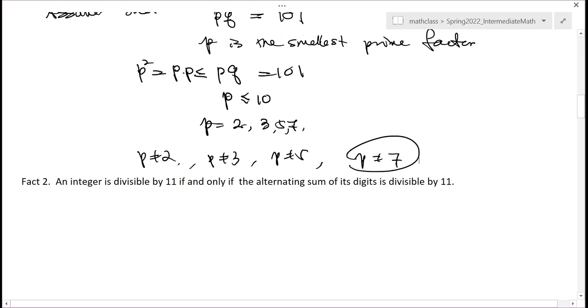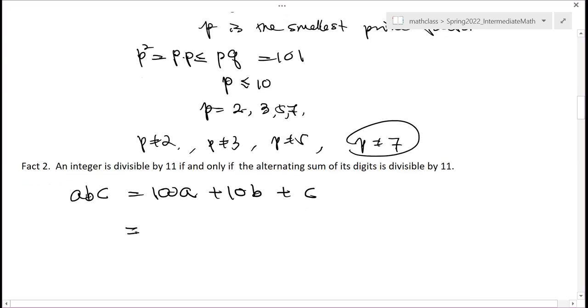I'm still going to use a 3-digit number, ABC. So it's 100A plus 10B plus C. I'm going to separate them. 100 can be written as 99 plus 1.